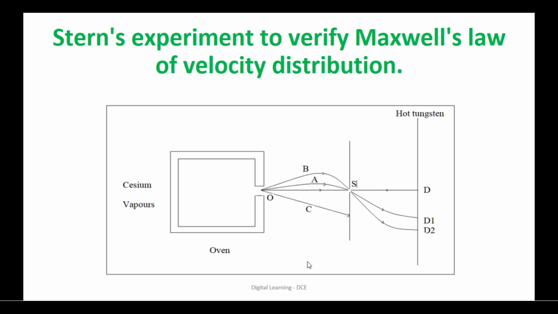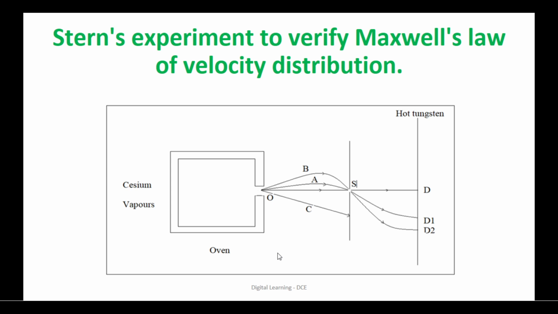Before conducting the experiment, it is arranged that the opening O of the oven and the slit are along the same horizontal line. Then the experiment is conducted in two different parts, that is, in the absence of gravitational field and in the presence of gravitational field.